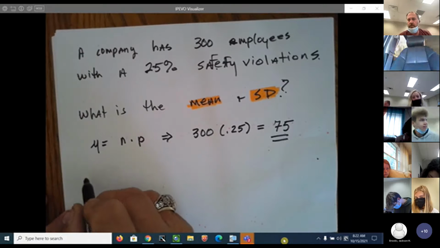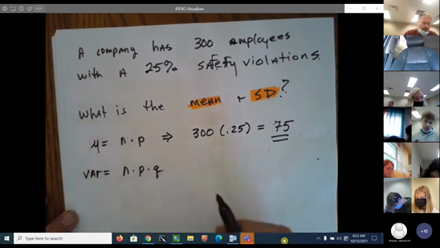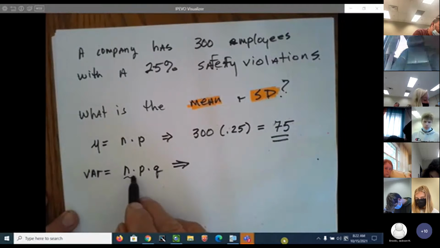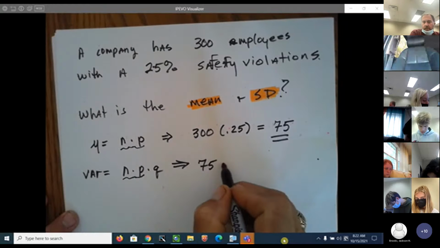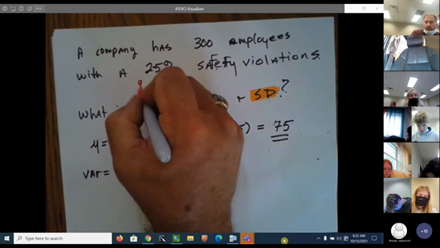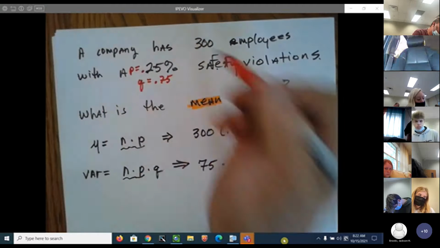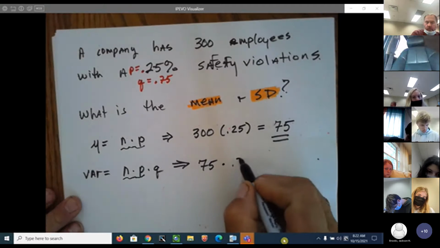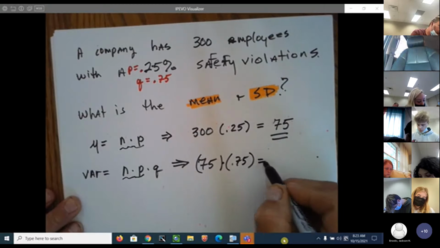Variance is equal to NPQ, which is 75, that's N times P. Please tell me you're not going to multiply that twice. 75 times Q, where Q is equal to 0.75 because P is equal to 0.25. Somebody multiply 75 by 0.75 for me.